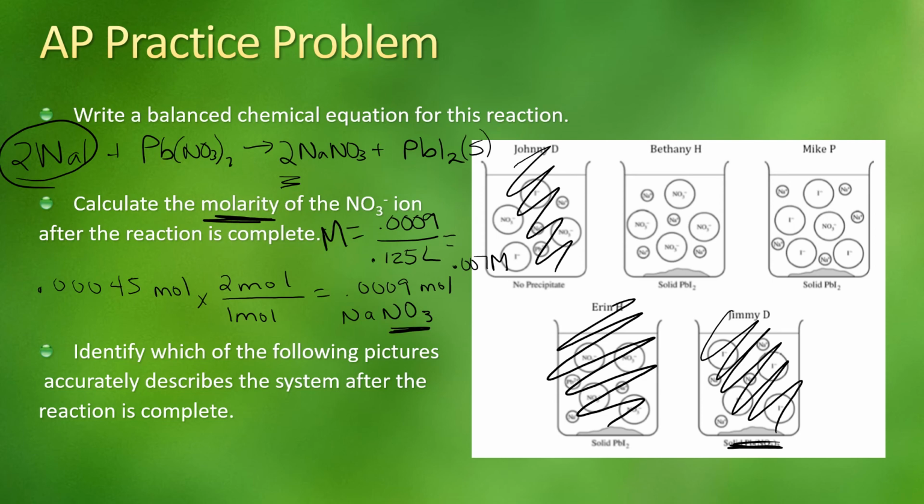You needed to have a beaker that contains iodide ions. This one is the only one that contains the solid precipitate, the sodium and nitrate ions from the soluble product, and the excess iodide ions that are left over from our sodium iodide.